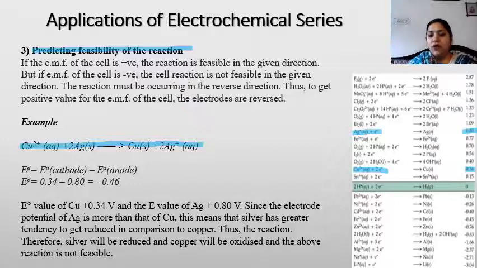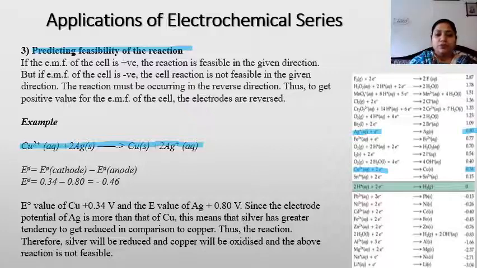If we put the values in the equation, we get minus 0.46. That is a negative answer, which is not possible. So if the value of EMF comes negative, then the reaction is not feasible. And if the value comes positive, as in the case of the zinc and copper system in the previous example, then the reaction is feasible and possible.